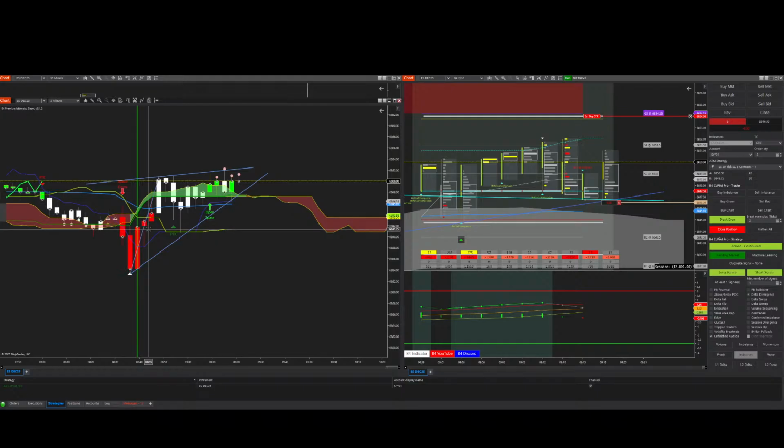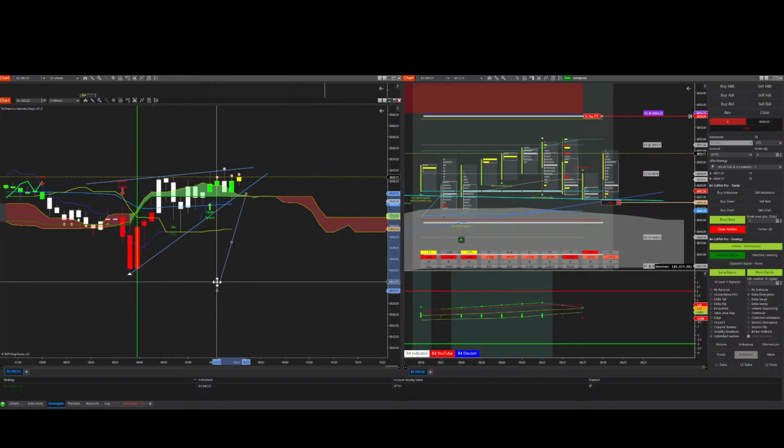So that may come here, if I can get it now. Yeah. I can either break out here or break out there. So we're looking at something like this.